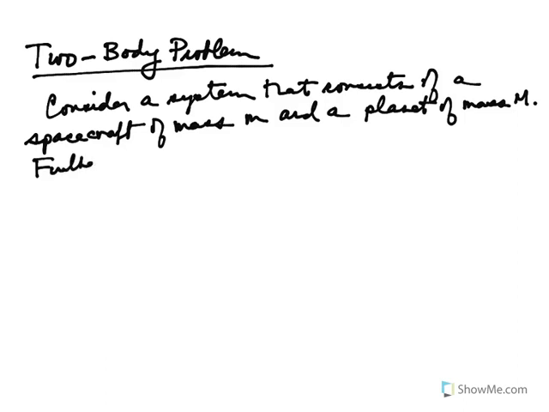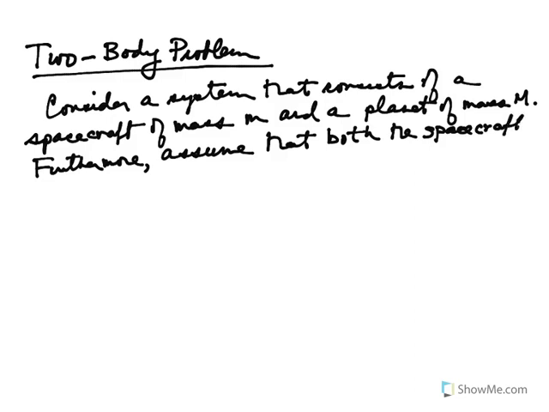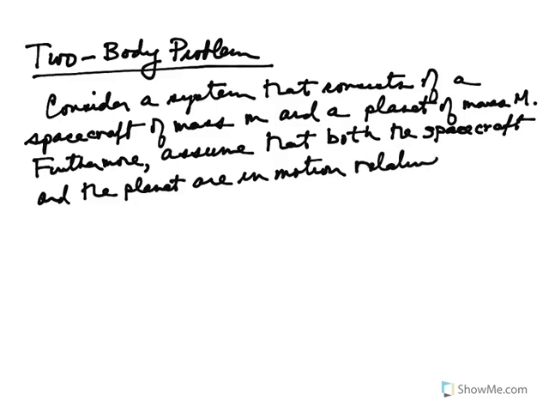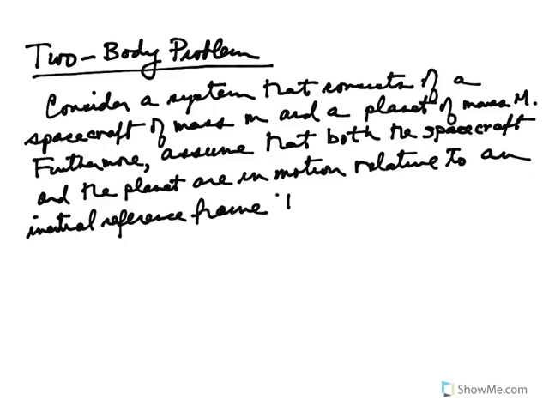So furthermore, assume that both the spacecraft and the planet are in motion relative to an inertial reference frame, which will be denoted I. So here's what the picture looks like.